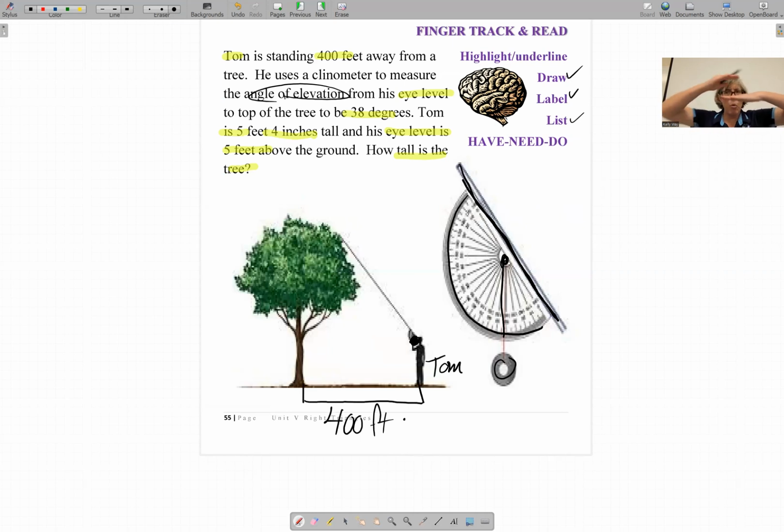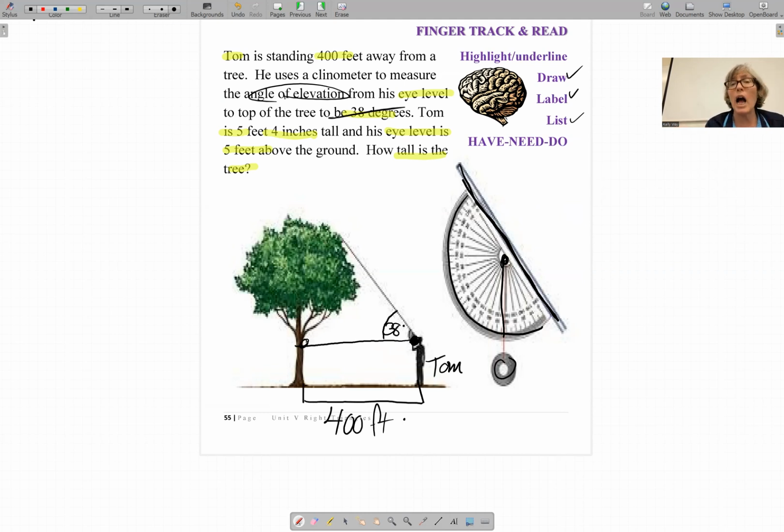An angle of elevation is horizontal going up. So because it's horizontal going upward, our angle of elevation is right there. You actually have to draw in the horizontal. That's going to be 38 degrees elevation.